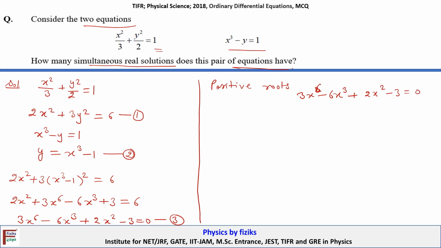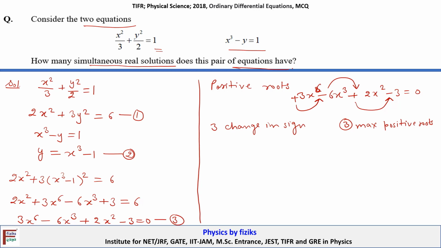Here we observe this positive sign to this negative is one change in sign, this negative to this positive is the second change in sign, and this positive to this negative is once again a change in sign. Hence there are three changes in sign. Therefore, the maximum number of positive roots is three.